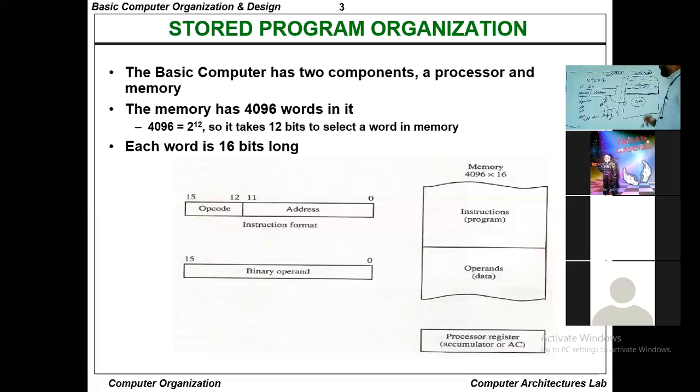Okay. अब एक और important चीज है. The important thing is how we decide 12 bits for address. हमने बोल दिया 0 to 11 means 12 bits for the address and 4 bits for the operation code. How?